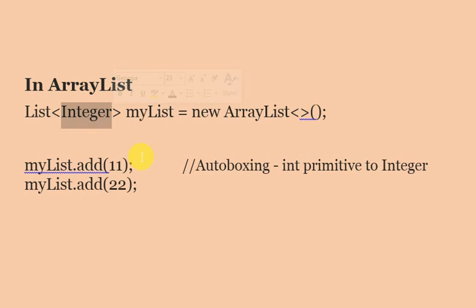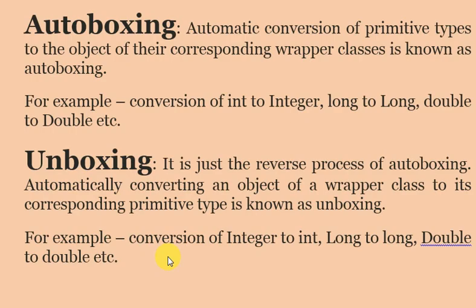So when a simple primitive data type is converted or upgraded into its relevant wrapper class, this is called autoboxing. I think now it's easy for you to understand what is autoboxing and what is unboxing. When automatic conversion of a primitive type into its corresponding wrapper class happens, we call it autoboxing.